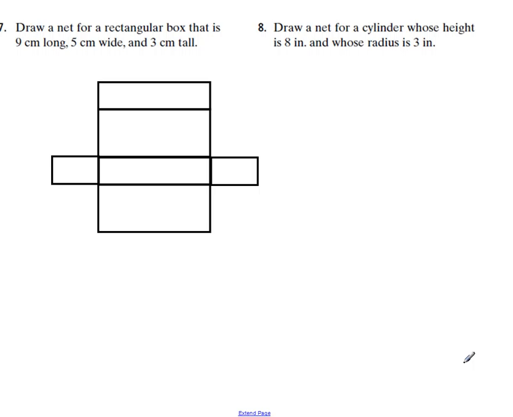And which of these sides would be the 9? Is this side any different from this side? This would also be 9. How about this one on the bottom? Also 9. It's a rectangular box or a rectangular prism.